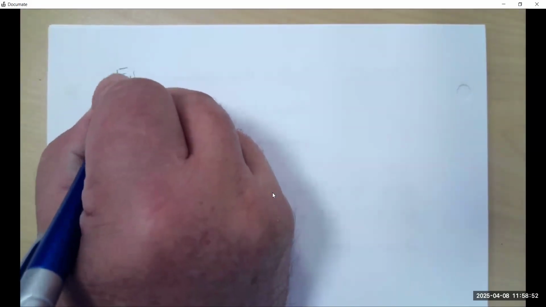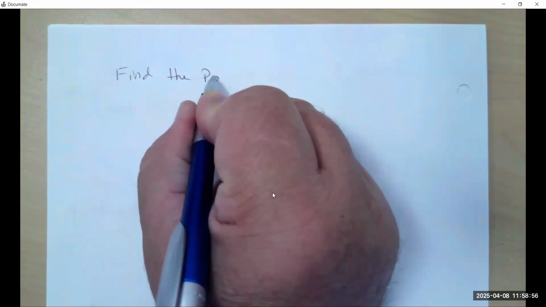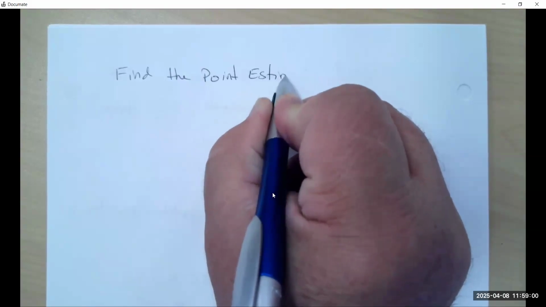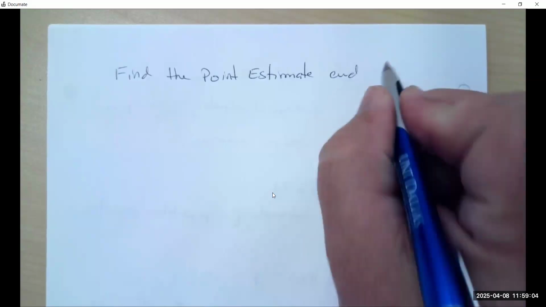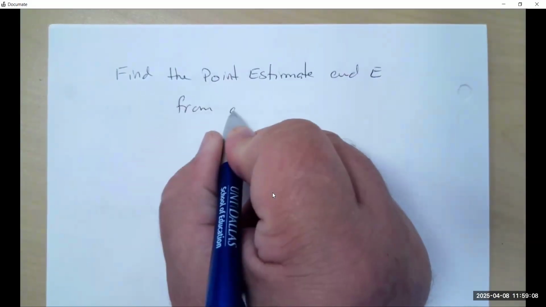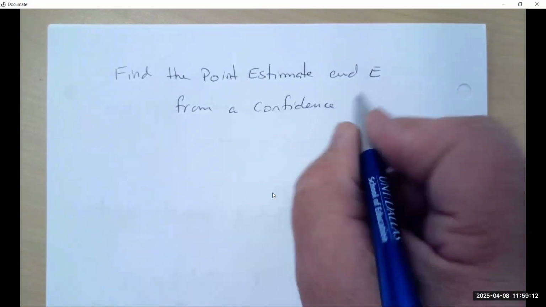Okay, that's the next part. Next thing we'll look at is finding the point estimate and E from a confidence interval.